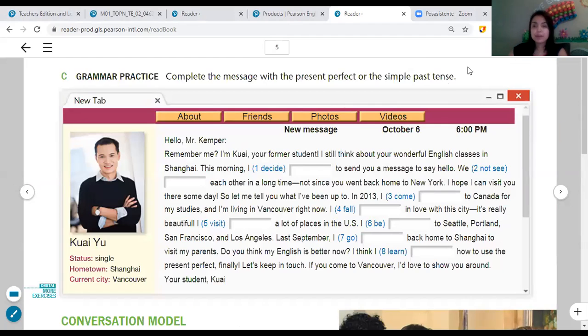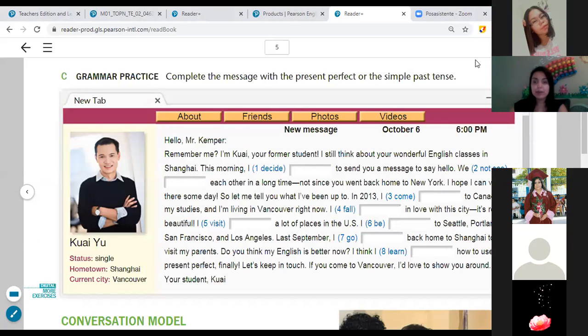It's an email. Yes, we have an email here. And we are going to complete using the simple past or the present perfect. Okay. How are we going to do it? One more time. Remember, the present perfect, there is not a definite time. It doesn't say when.